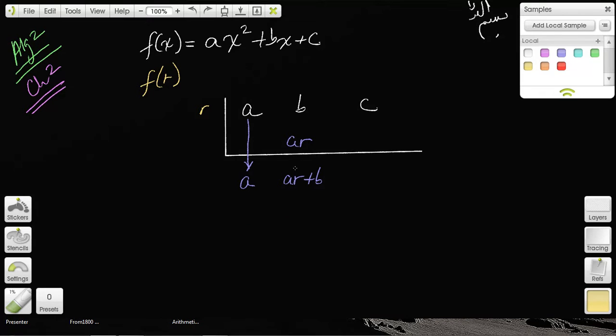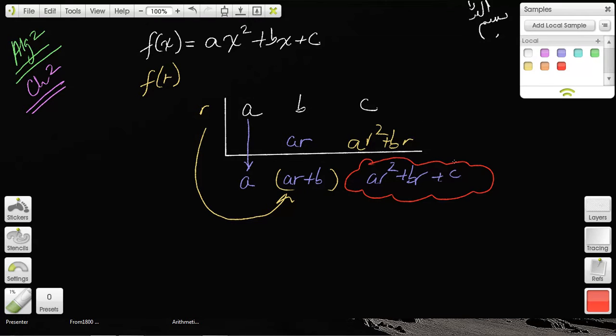If you multiply this quantity with the r, you would get ar squared plus br. Then you add these, so you would get ar squared plus br plus c. That's basically what you would get if you were to substitute r in place of x. So that's how synthetic substitution works.